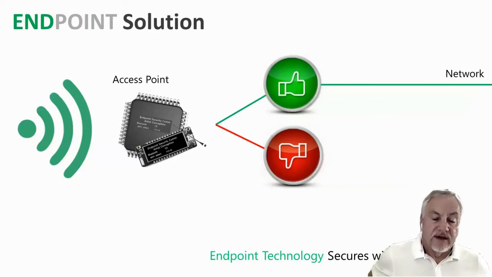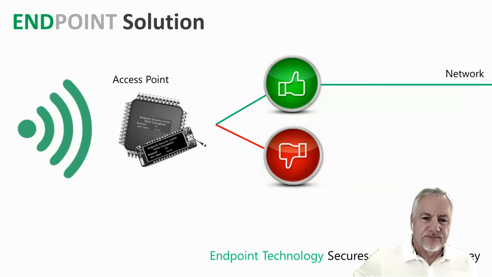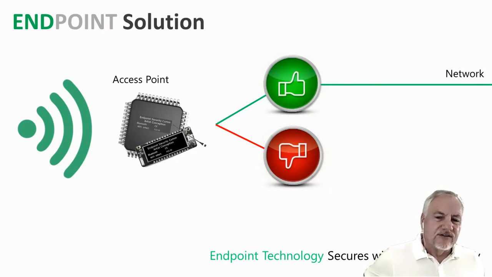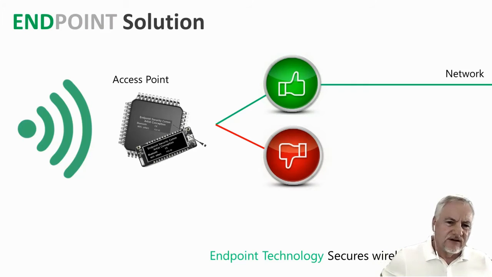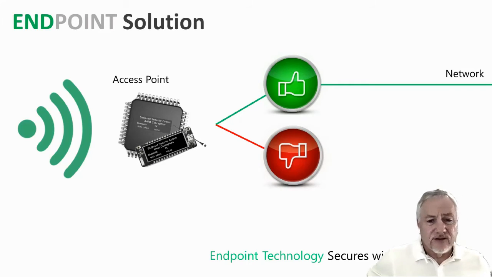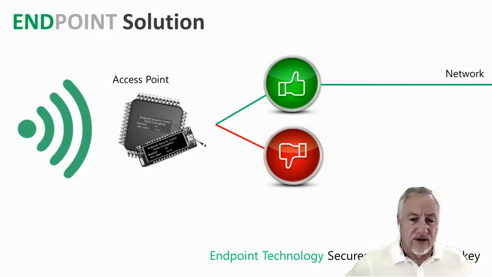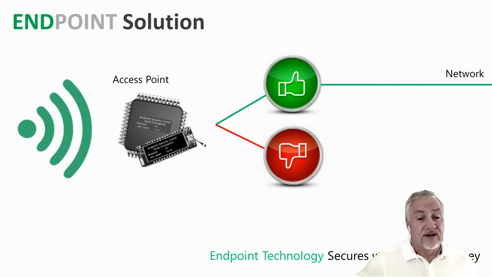And we came up with a method, along with the University of Notre Dame, to recognize a fingerprint in radio frequency signals. And with that naturally occurring fingerprint, we can decide whether the device has been authenticated and is allowed to talk to the network or whether we should block it.